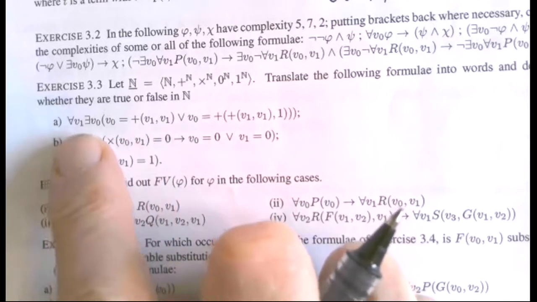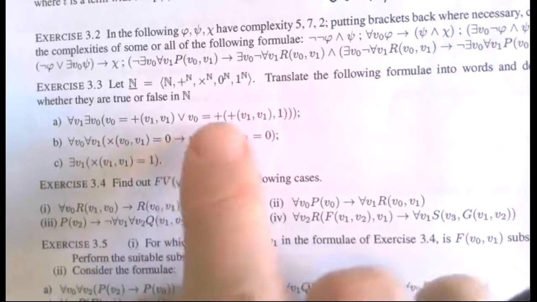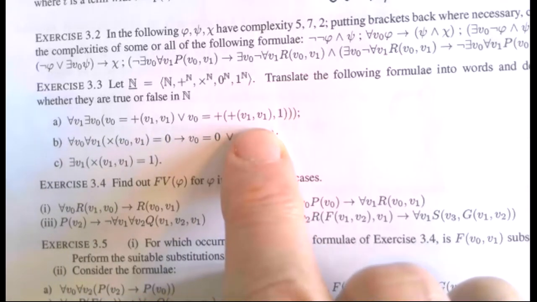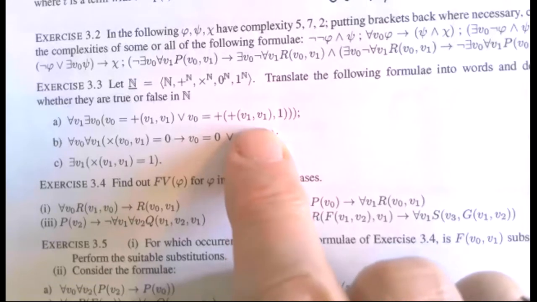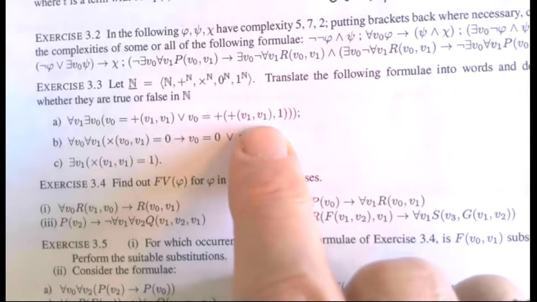It's kind of trivial. It says for every number, there is a v0 that's twice that number, or v0 is twice that number plus 1. Okay, it's true. Given any number, I can always double it, or I can double it and add 1.